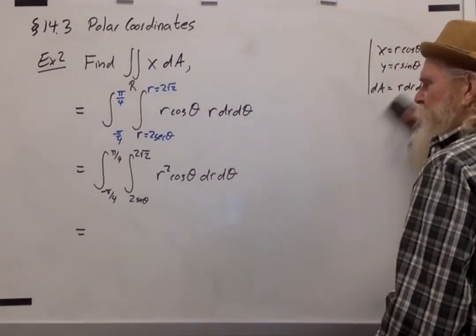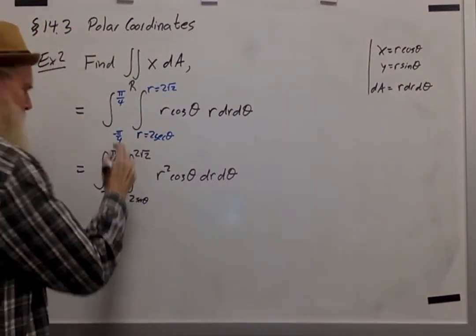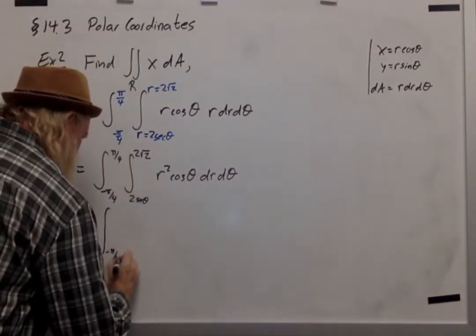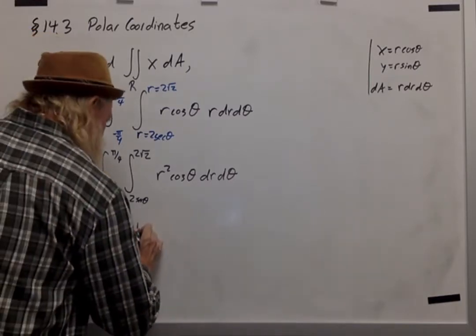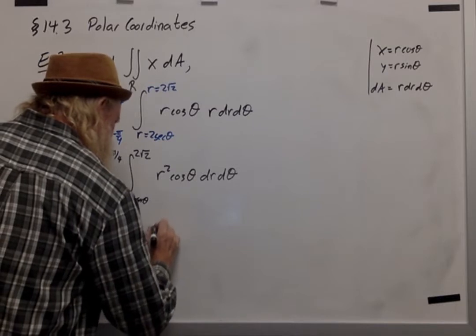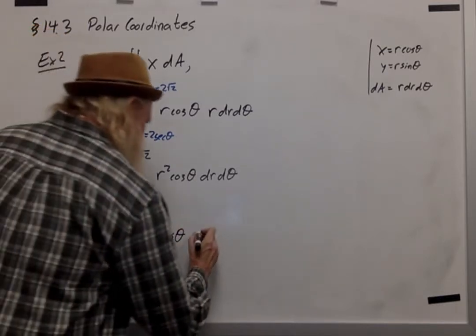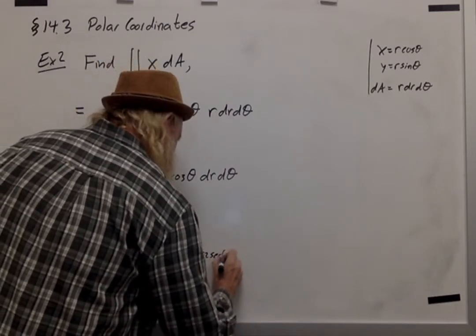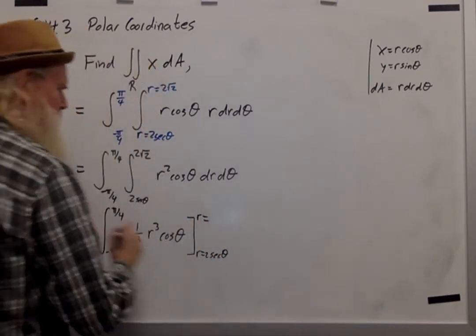First, we integrate with respect to r, substitute the two bounds, and subtract. Integrating with respect to r, we have 1/3 r cubed times cosine theta, taken from r equals 2 secant theta to r equals 2 square root of 2.